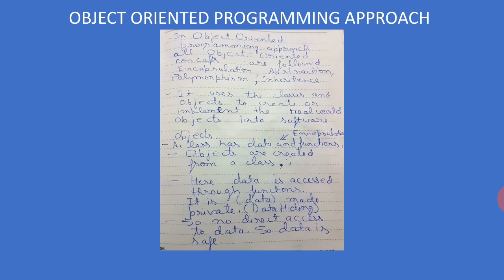We can call it message also, one more name given to the function. So a class is a combination of data and function, and the process of wrapping up of data and functions or attributes and behavior is called encapsulation. Objects are created from a class.